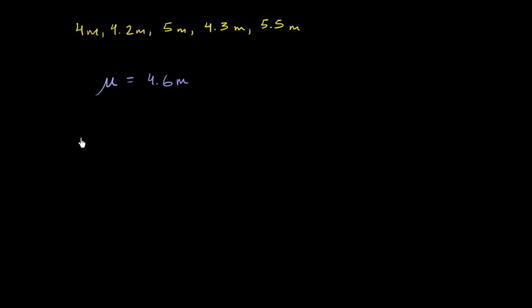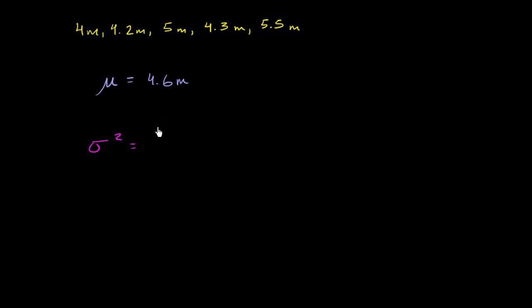So let's actually calculate the population variance for this population right over here. Well, all we need to do is find the distance from each of these points to our mean, then square them, and then take the mean of those squared distances.